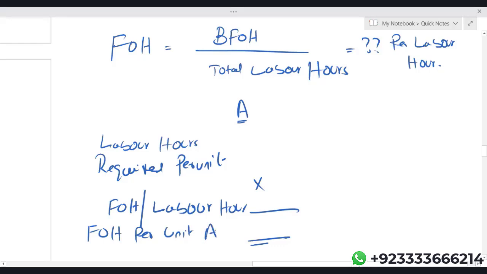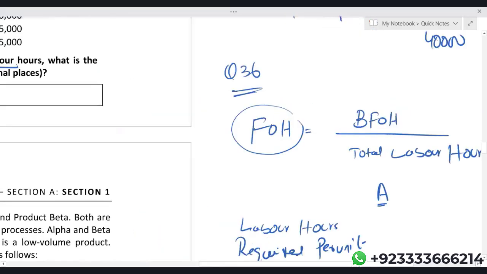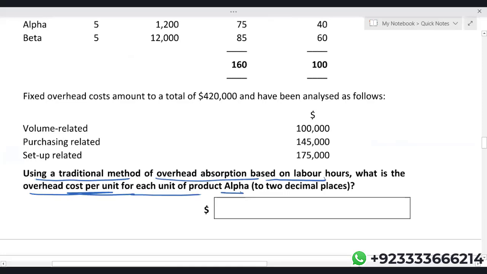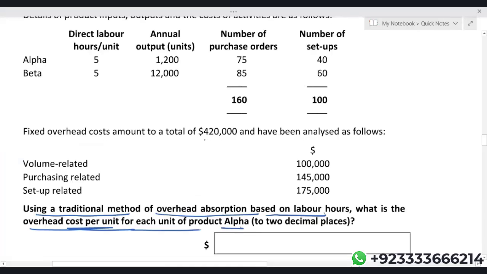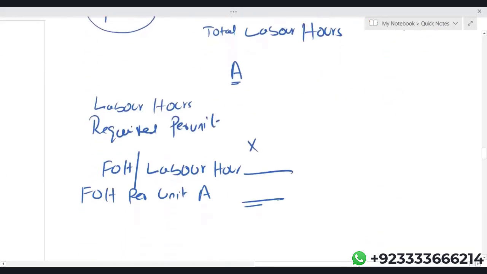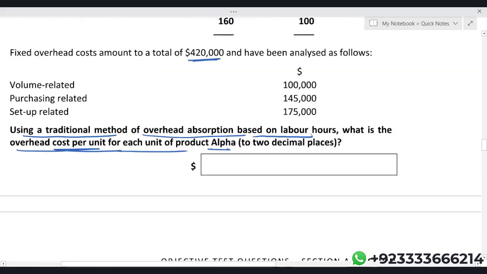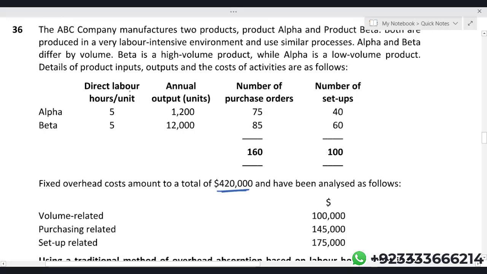So the main thing is, first we have to calculate the FOH rate per labor hour. Fixed overhead total is 4,20,000. Now we need total labor hours. Direct labor hour per unit: alpha needs 5 hours, beta needs 5 hours.